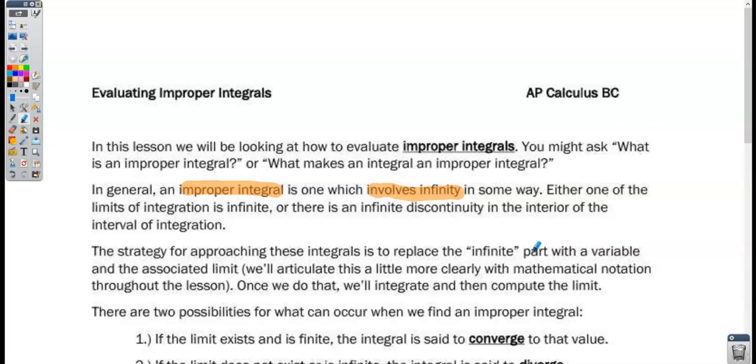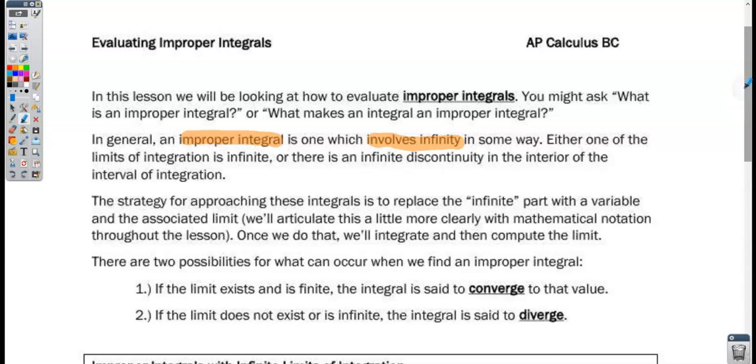Now, having said that, these are two terms that we have not used before in this course. There are two possibilities for what can occur when we find an improper integral. First, if the limit exists and is finite, we'll say that the integral converges to that value. If the limit does not exist or is infinite, we'll say that the integral diverges.